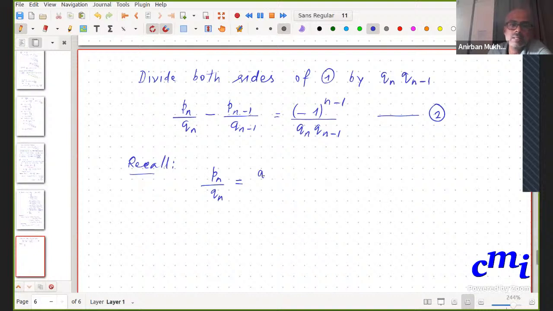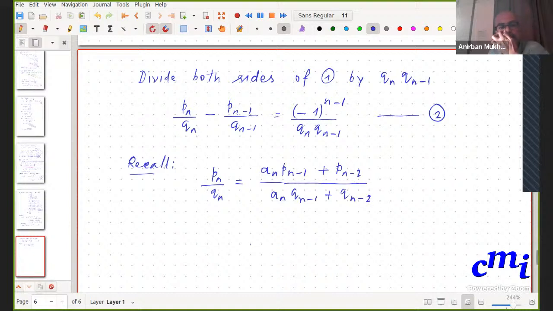Pn is defined as An Pn minus 1 plus Pn minus 2, and Qn is An Qn minus 1 plus Qn minus 2. These are just the definitions of Pn and Qn, the recursion relation.